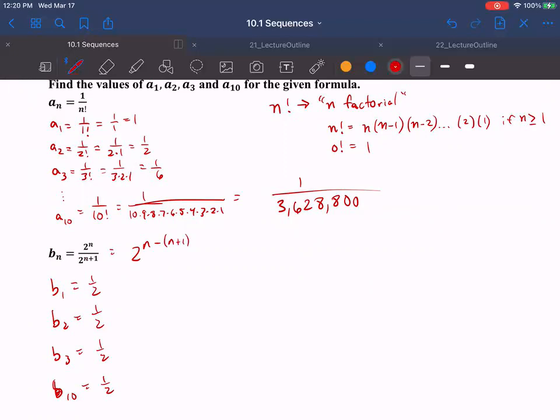And what's n minus n plus 1? Nope. This is 2 to the n minus 1. 2 to the minus 1, which is 1/2. So they're all going to be 1/2.